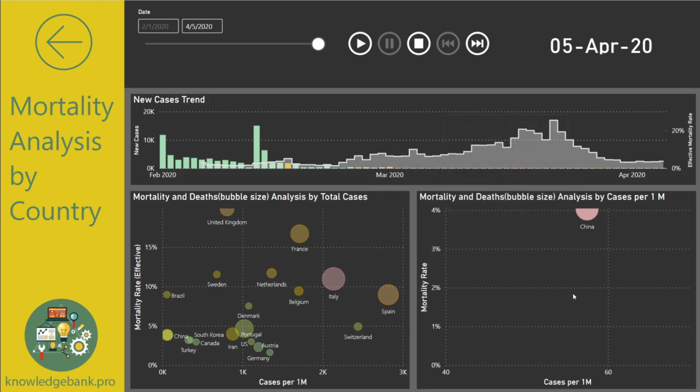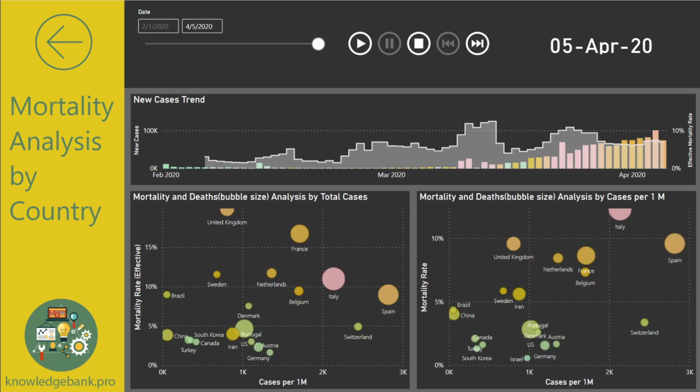So you judge for yourself. My gut is telling me that this is not making sense, right? My gut is telling me that mortality was probably very similar then as it is now, effective mortality. So this is an interesting data point that allows us to understand a little bit of how reliable numbers are coming out of China.